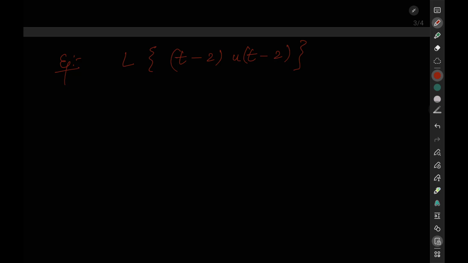So we know that the Laplace of function t is 1 upon s square. Therefore, Laplace of (t minus 2) into u(t minus 2) will become e to the power minus as, a is 2, into Laplace of f(t), that is 1 upon s square.